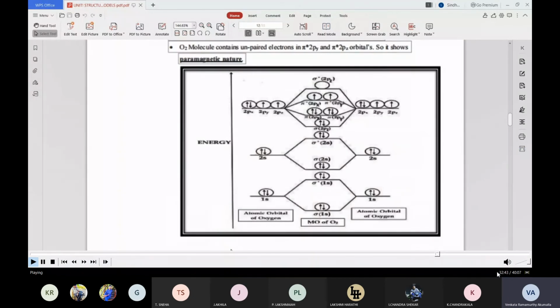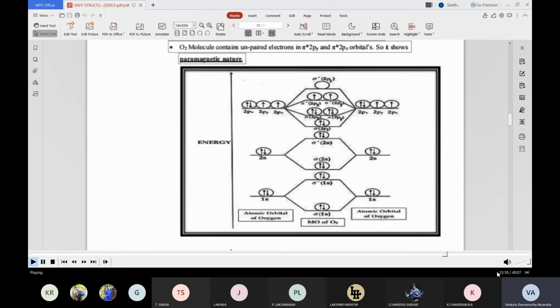The energy level diagram of oxygen is very important. First, the oxygen molecule has a total of 16 electrons in its molecular orbitals. A single atom of oxygen contains 8 electrons, and the other atom also contains 8, so 16 electrons in total.